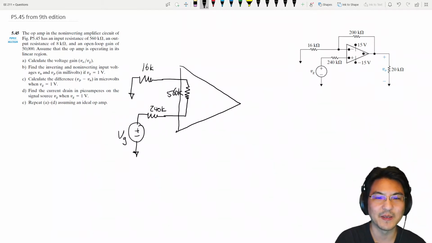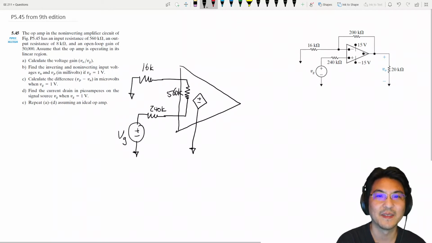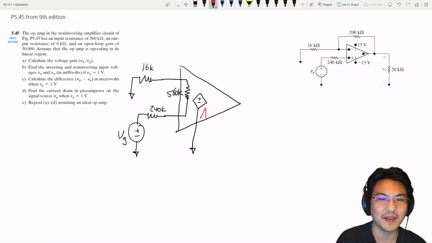So the open loop gain means there's some voltage dependent voltage source inside, or there's some gain, this open loop gain A, and then times, and it's a function of this is the non-inverting input and the inverting input.